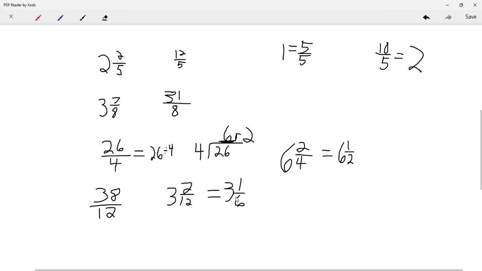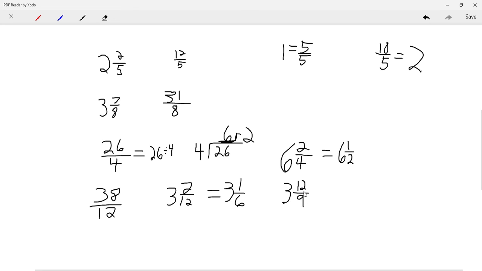Now, if you ever get a mixed number with an improper fraction in it, which sometimes you actually will if you're adding fractions together, what you need to do is convert this improper fraction and add it into the mixed number, right?